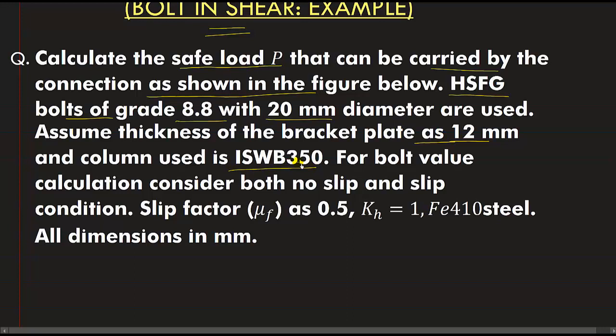For bolt value calculation, consider both the no slip condition as well as the slip condition. Constants are given: slip factor mu f is 0.5, kh is equal to 1, and the plates used are of Fe410 steel. All dimensions are in mm.